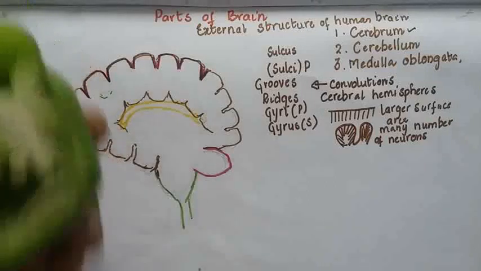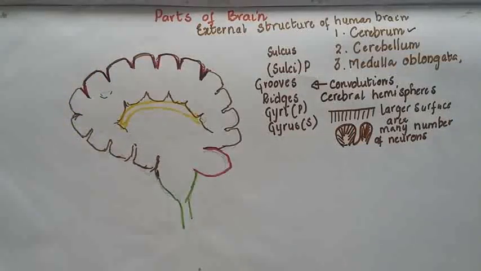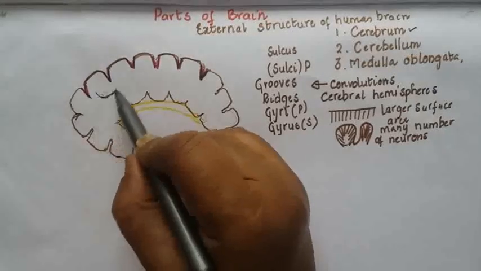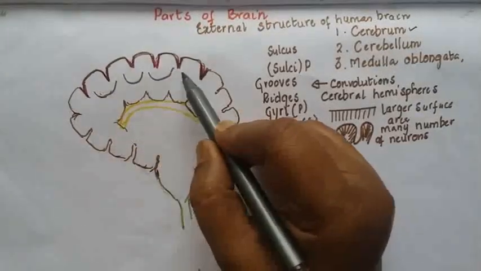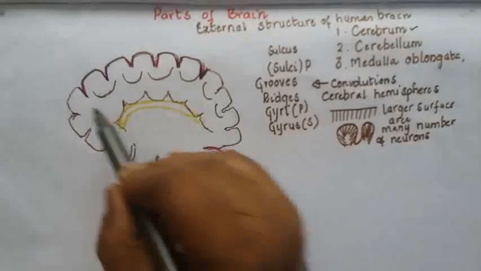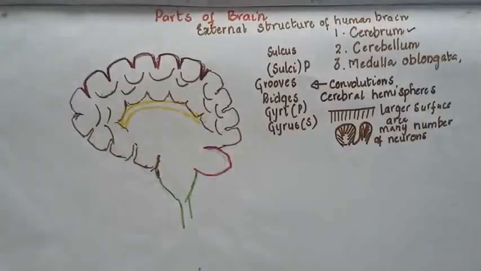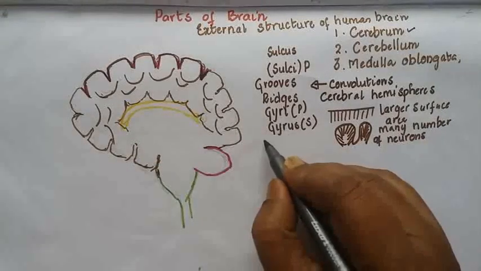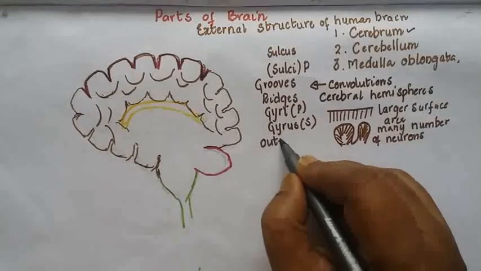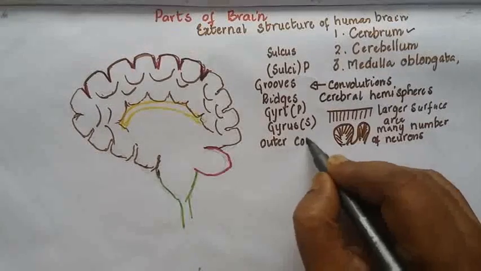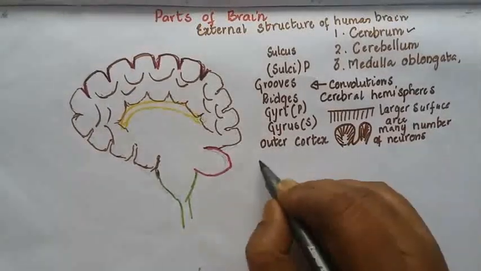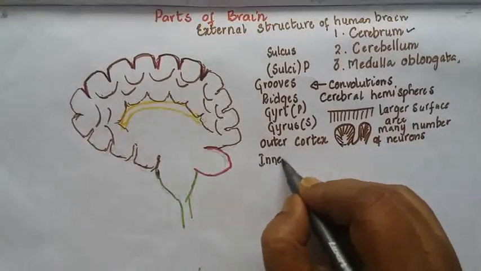Now, similar to the kidney, even the cerebrum has two regions. So what do we call those two regions? It has an outer cortex and an inner medulla.